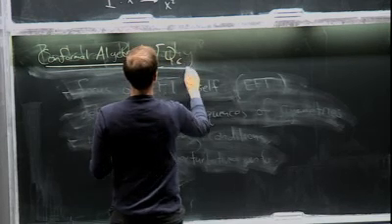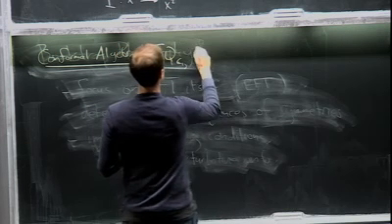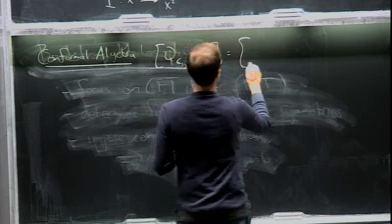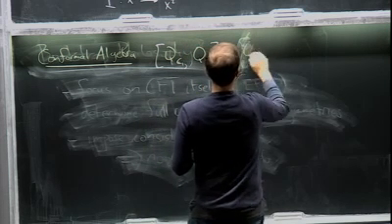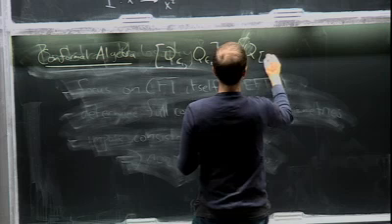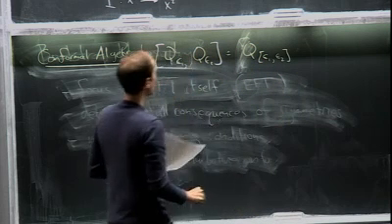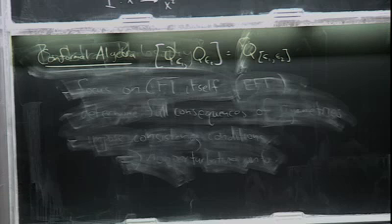Which says that a commutator of two of these conserved charges with different conformal Killing vectors is equal to the conserved charge associated with the commutator. And this is actually a non-trivial claim. It's something that you have to check, and I'm not going to prove it in lecture.